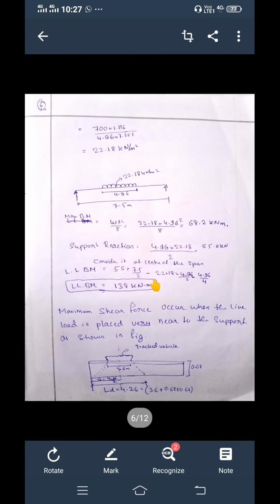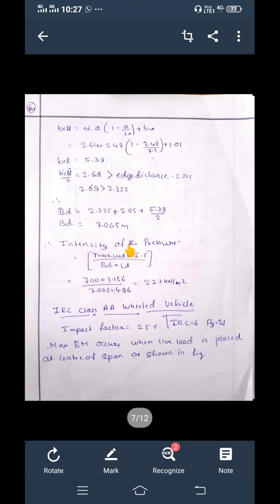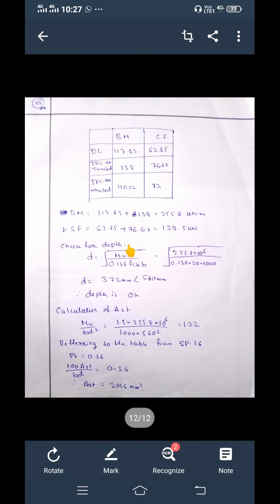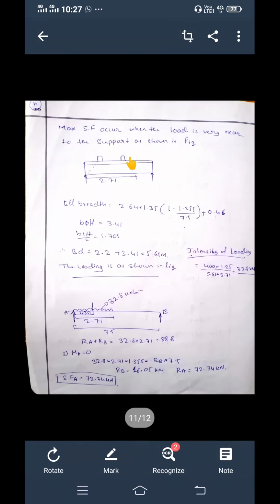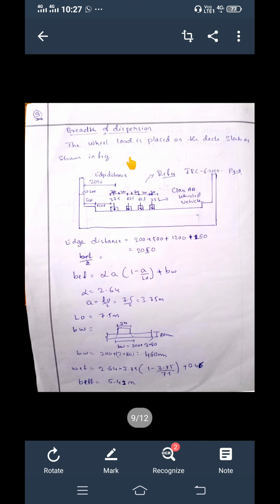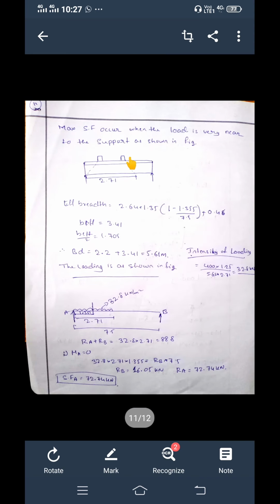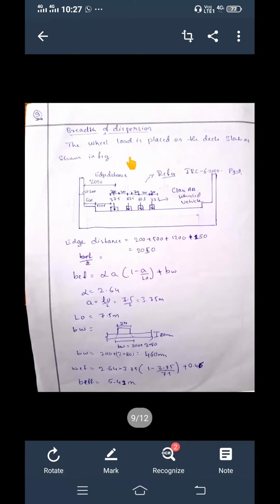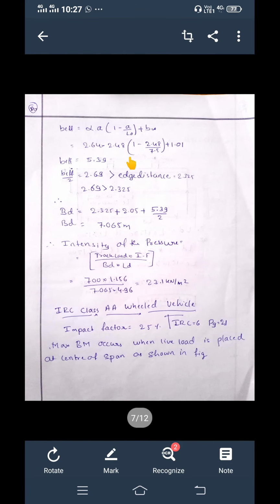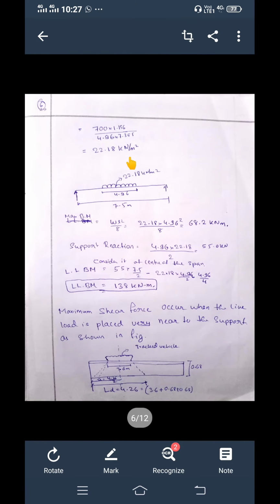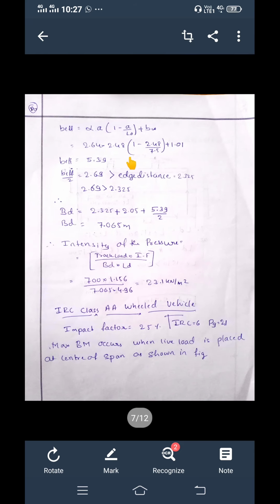Live load bending moment, how much we have got? 138 kilonewton meter, we have got. See here, 138, and shear force, one more step I need to do that I have not done, so I will show you afterwards.